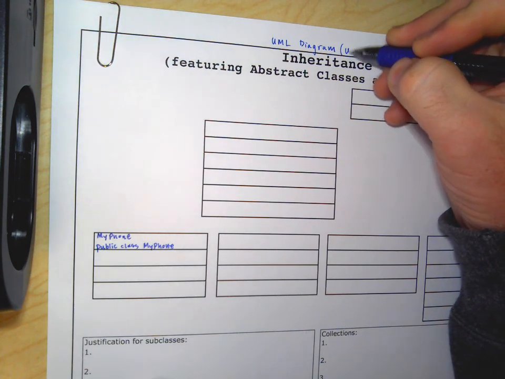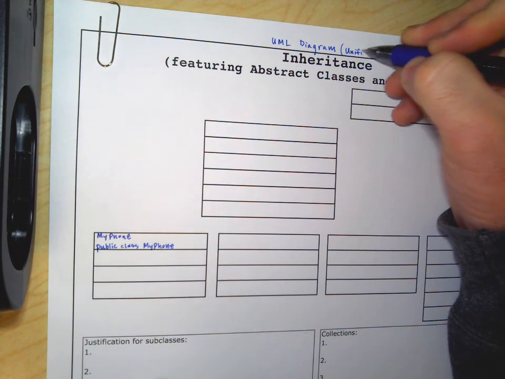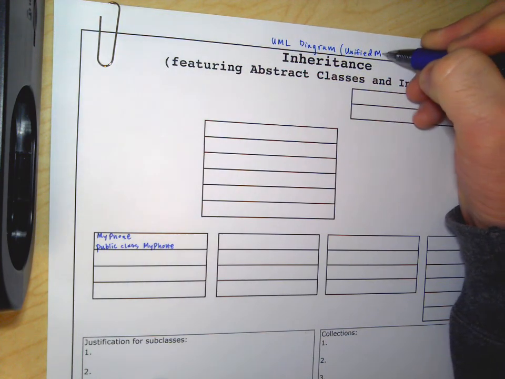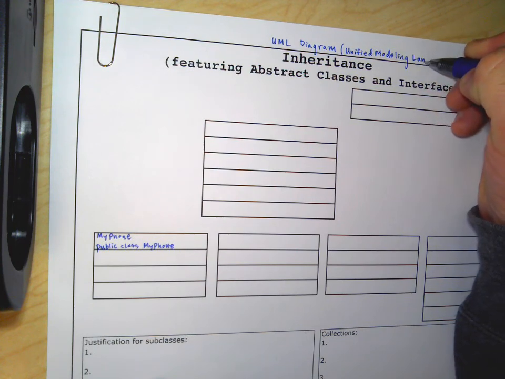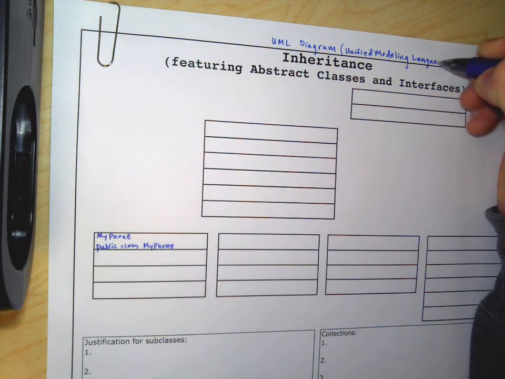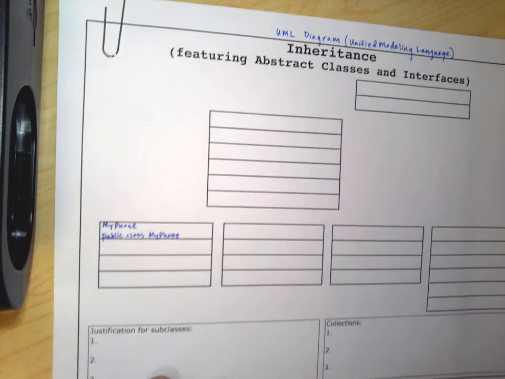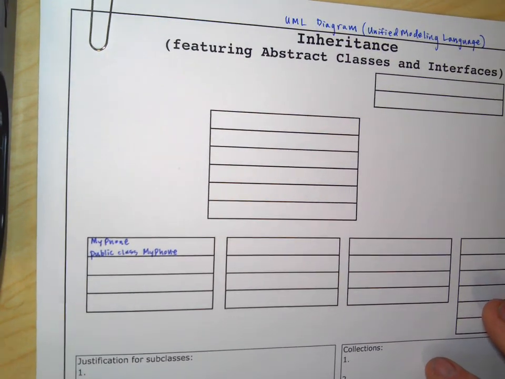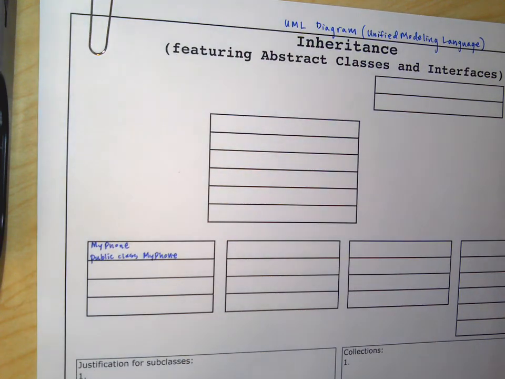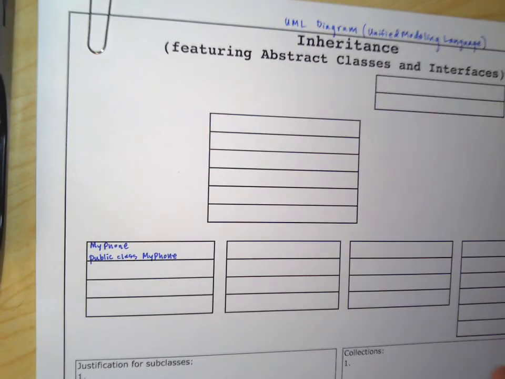So UML stands for Unified Modeling Language. This is a universal sort of picture of your program and how things are related to each other. It's very common, and it's a good way to maybe even start writing your programs, just showing the structure of them before you get into the details.